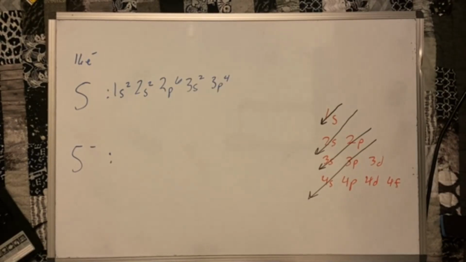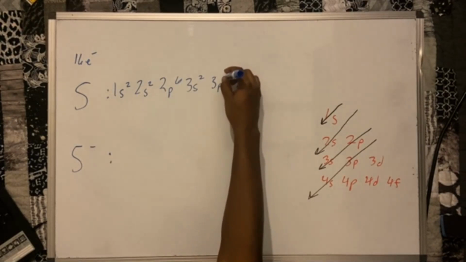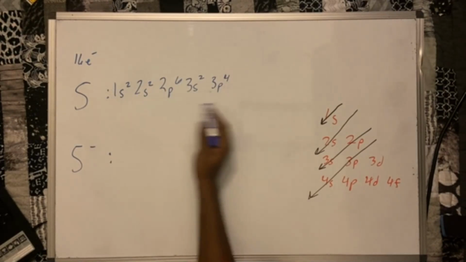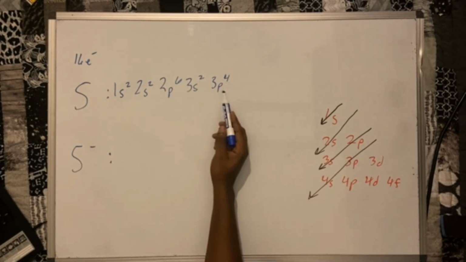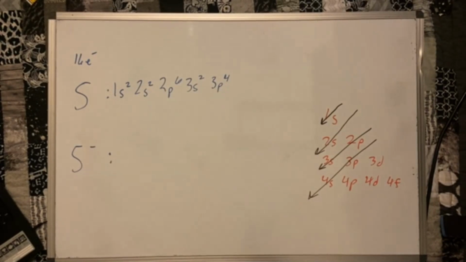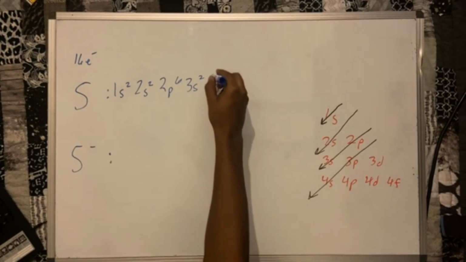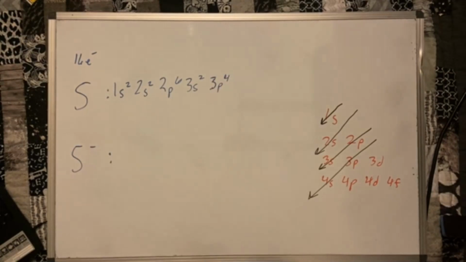Or you could just look at your periodic table and you'll see that sulfur is in the third row, in the fourth column of the tower on the right. So you can jump and know that it's going to end up at 3p4, or you just count it, the way I did.